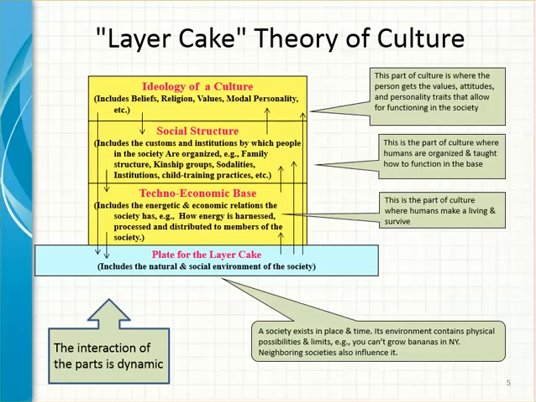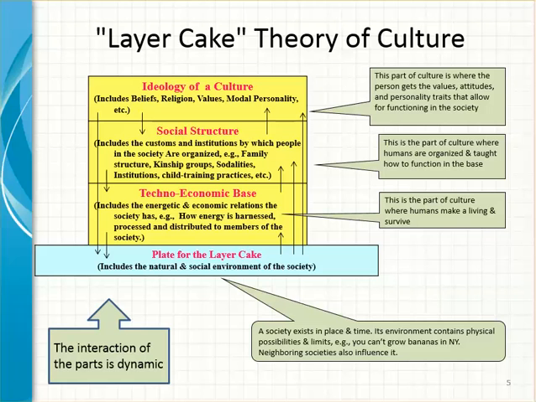For example, family structure, kinship groups, sodalities, which are like membership in groups for a common purpose, and institutions, for example, like schools, and child training practices. These are the ways individuals are raised, enculturated, and taught what are the culturally acceptable rules of behavior and ways of thinking, stuff like that.